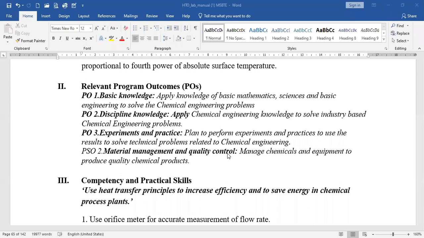And the material management and quality control, that is manage chemicals and equipment to produce quality chemical products. So in this experiment, as far as these program outcomes are concerned, we are going to focus only on the radiation, and in that we are going to focus on the black body and Stefan Boltzmann law. To increase the efficiency of any heat transfer operation in a chemical industry, we have to apply this knowledge.